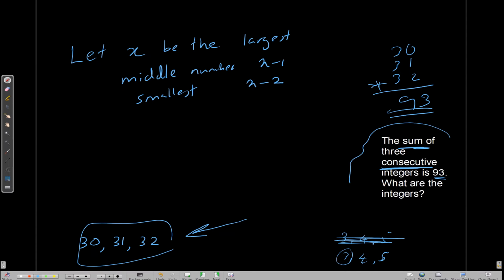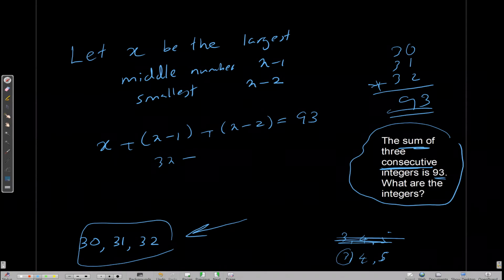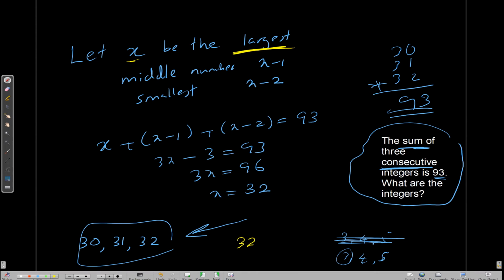Now this sentence will convert to x plus x minus 1 plus x minus 2 equals 93. So 3x minus 1 minus 2, so minus 3, equals 93. 3x equals 96, x equals 32. Now, x is the largest. So the largest one is 32, one before is 31 and 30. See, the same answers.